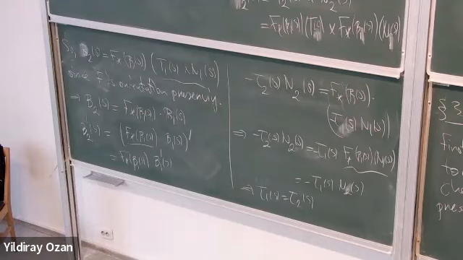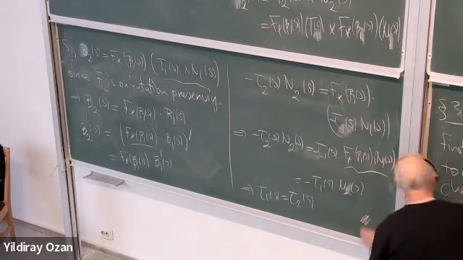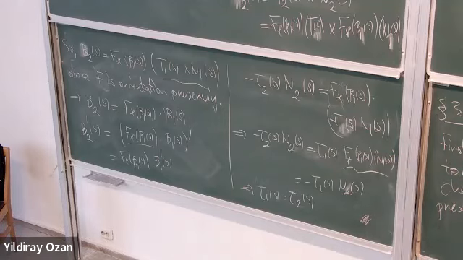Okay, and this finishes the proof of the proposition, namely, if we have a curve and if we move it using an orientation preserving isometry, then the curvature and torsion functions are the same.